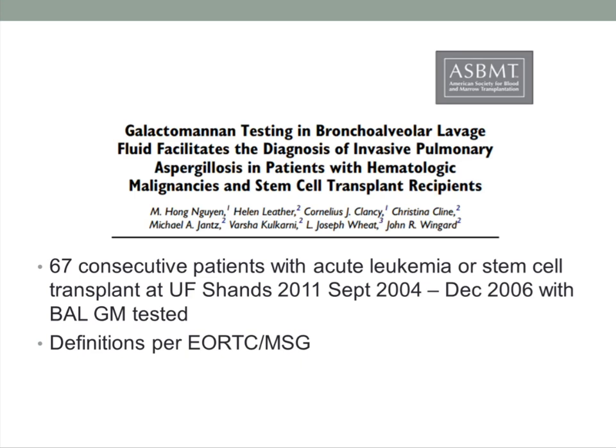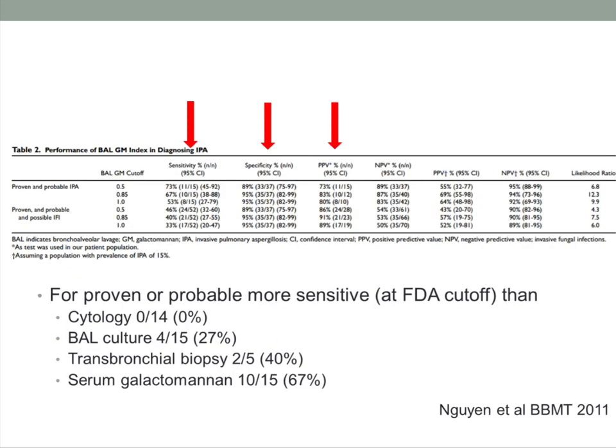This is another study looking at the galactomannan that was actually done at Shands for patients from 2004 to 2006, looking at the performance of the test. They use the same definitions for proven or probable invasive fungal infection, so we have host criteria, clinical criteria, plus or minus the mycologic criteria, of which one is the galactomannan. You can see as you increase your cutoff that your sensitivity is going to start suffering, but your specificity is going to perform better.